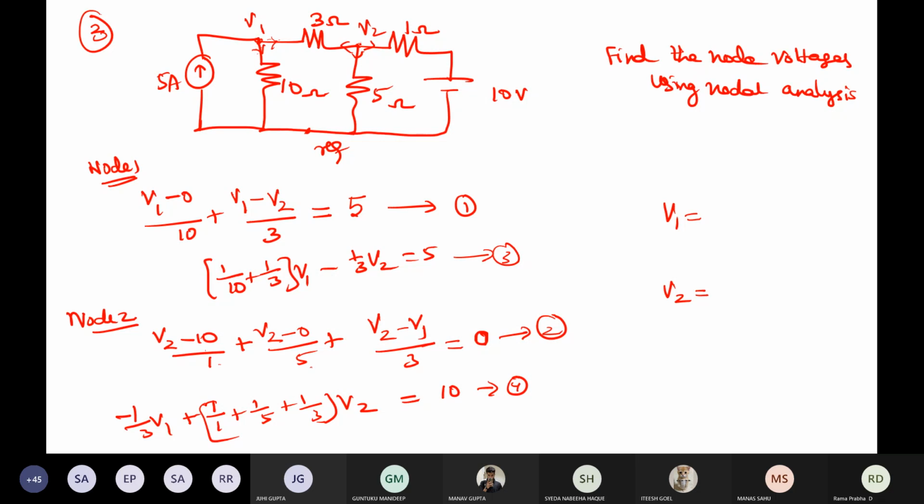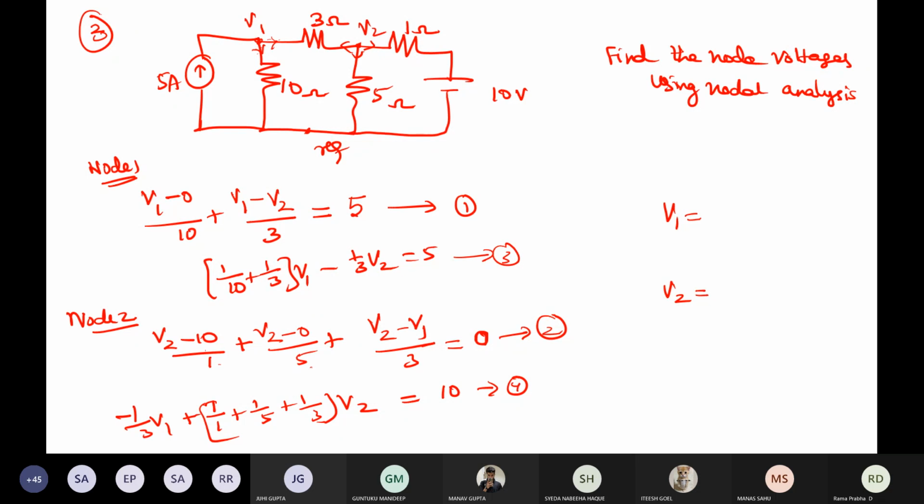For V2, it is 1 by 1 plus 1 by 5 plus 1 by 3, but since it is the other node's higher potential, minus 1 by 3 will come. So this is equal to this voltage, 10. That is called the inspection method. Once you are familiar with doing many problems, you can directly see the problem and write. But initially you should write the normal way only.